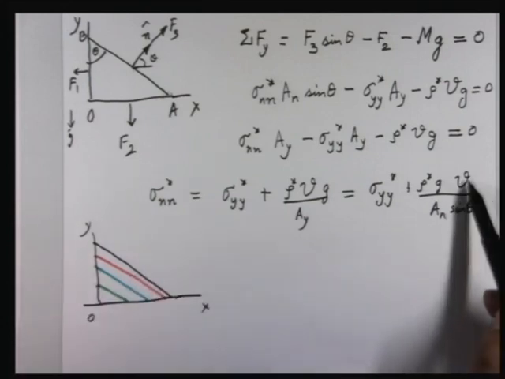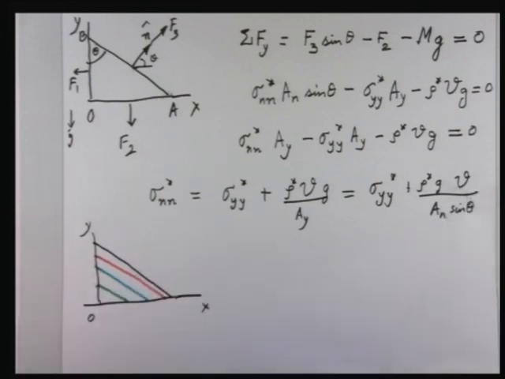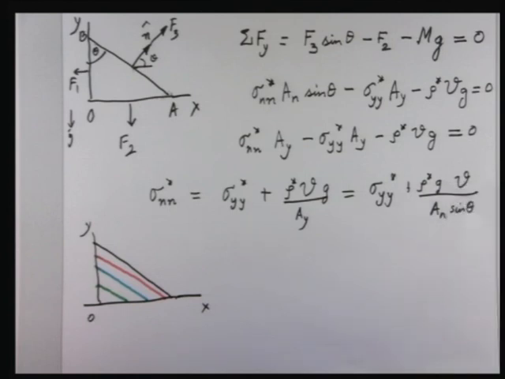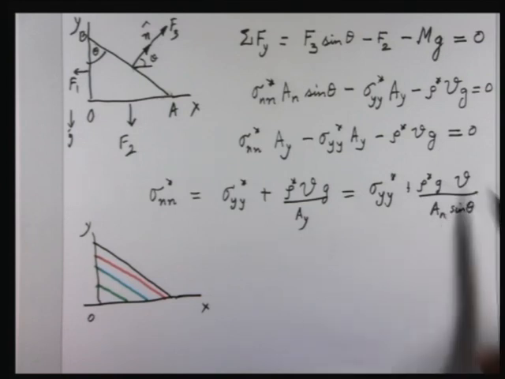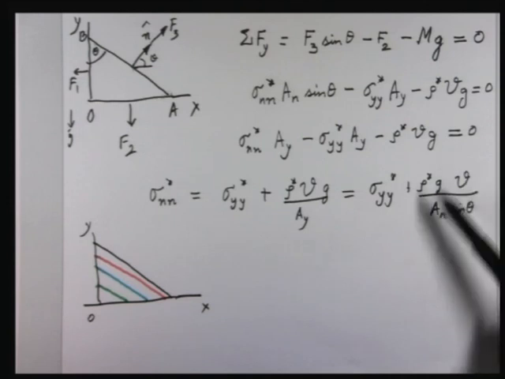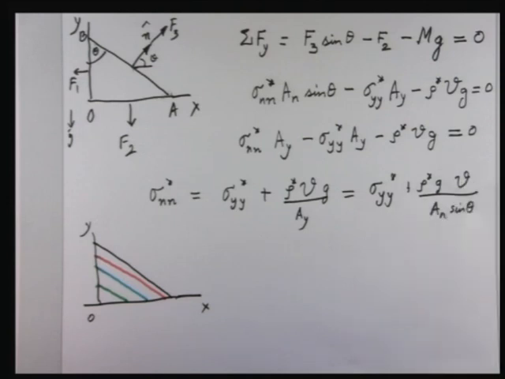So V will go to 0, A will also go to 0. So you have over here 0 by 0. Now if you have the ratio of two quantities both going to 0, then the ratio could be 0, infinite, or some finite non-zero number, depending on the rate at which they go to 0. Now the volume will go to 0 faster than the area. So this term in the limit will go to 0. So we will get sigma NN equal to sigma YY.